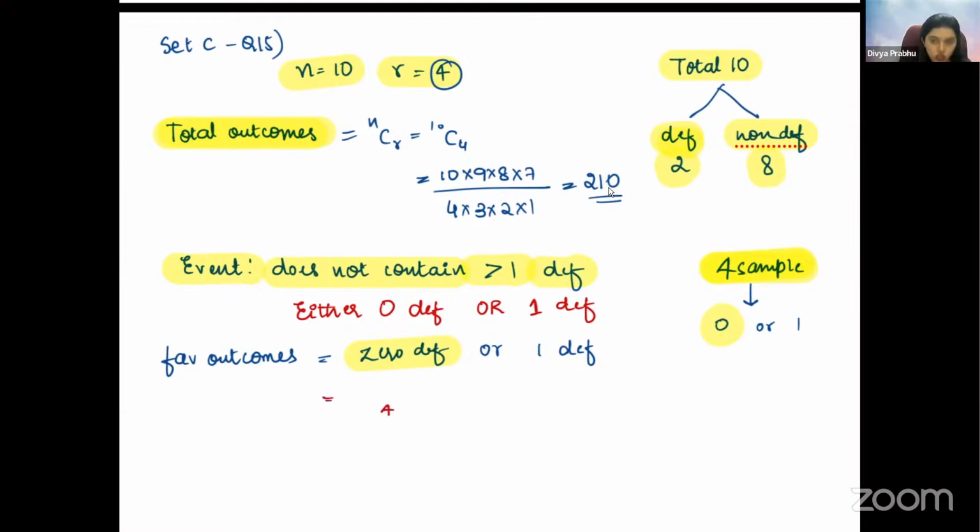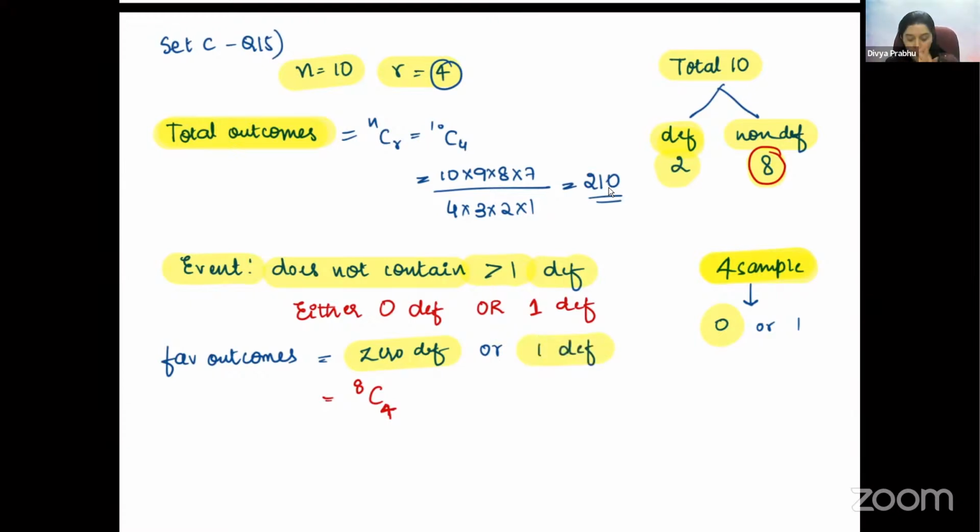I want 4 non-defective out of 8 non-defective. So 8C4. I'm picking 4 components which should be non-defective from 8 non-defective. Correct?